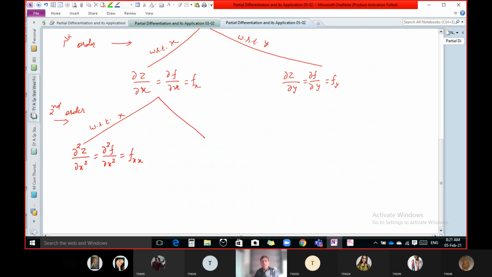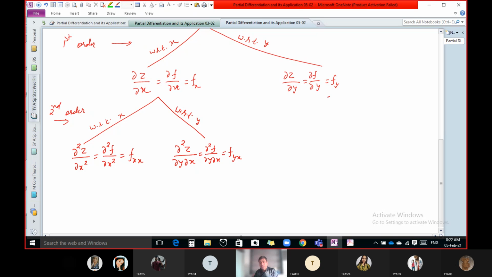But if we differentiate this with respect to y, then it is denoted by delta square z upon delta y delta x, or you can say delta square f upon delta y delta x, or you can say fyx.